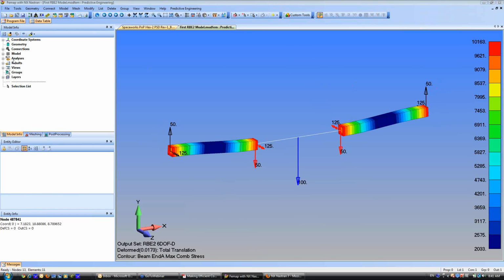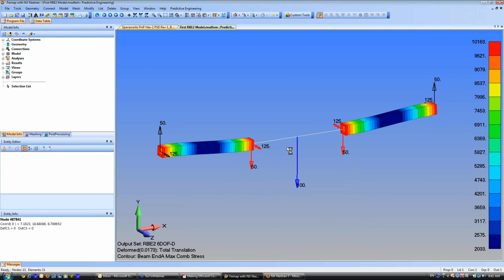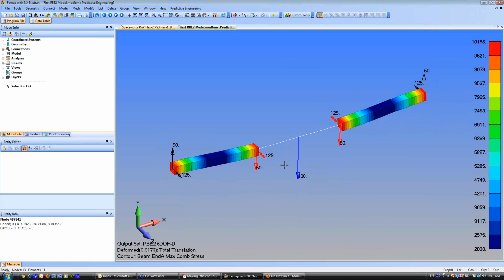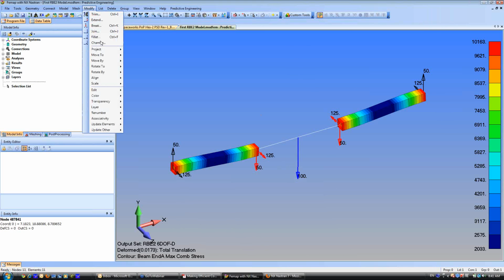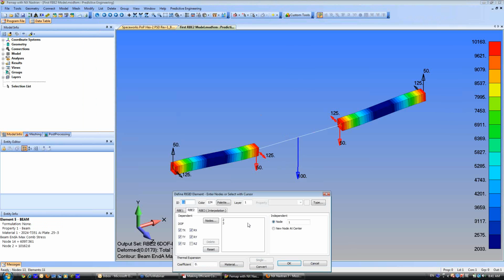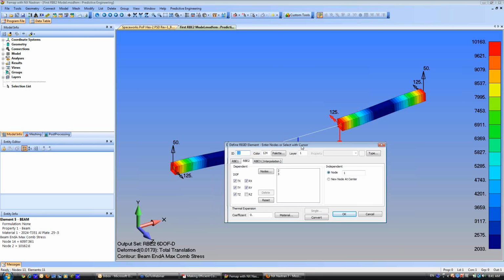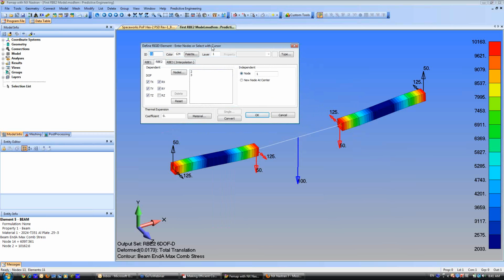You might also notice I have different colors set up and different shading, and I'm very keen on customizing my graphics view. Modify, edit, element. This is the RBE2. I'm telling it that node 1 is right here in the center.